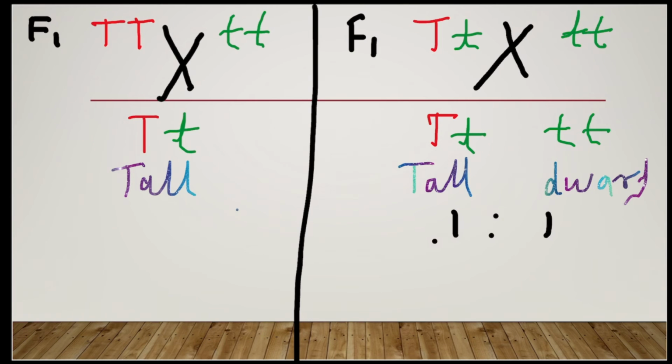So for example, both alleles are dominant and we are crossing it with the recessive. Then what will we find? In the first generation, we will find that the progeny, or plants, will all be the tall variety. So we can tell that the F1 generation was homozygous. That's why we are having tall plants in the next generation.